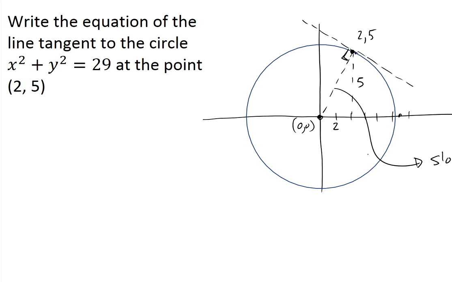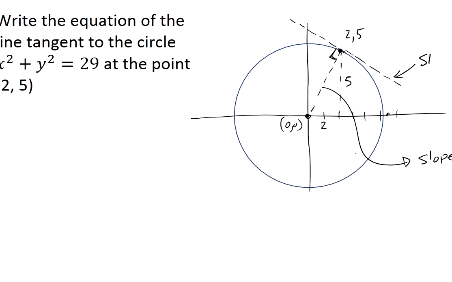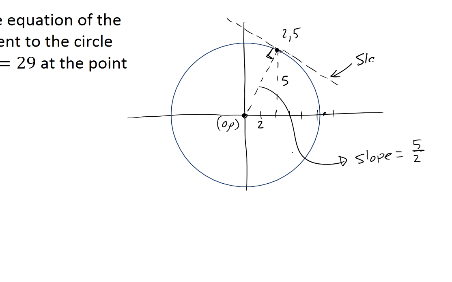That means the slope of my tangent line, which is perpendicular to that radius, must be -2/5. So what we have here is a known point, (2, 5), and a slope of -2/5.